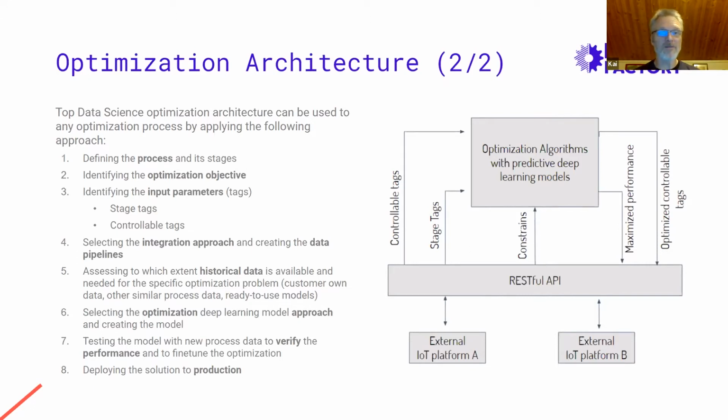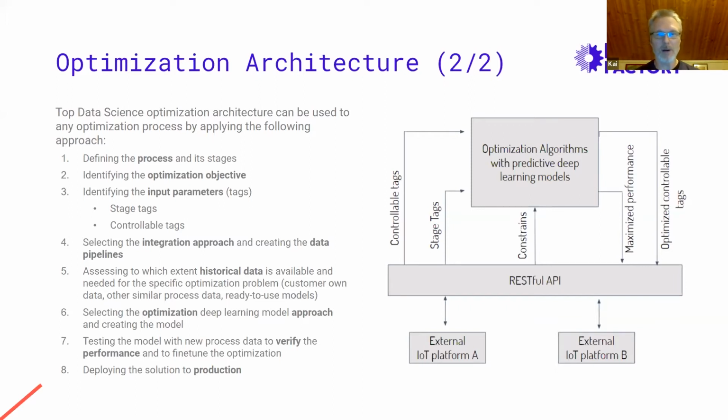You need to identify the input parameters, whether they are stage tags or controllable tags that you can affect. Of course, you need to have integration thought through and data pipelines relating to that.